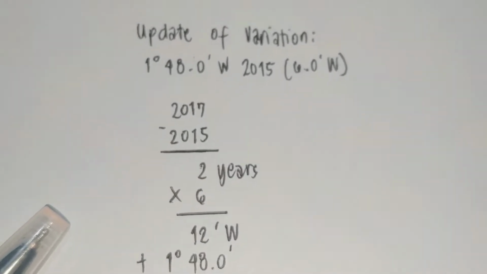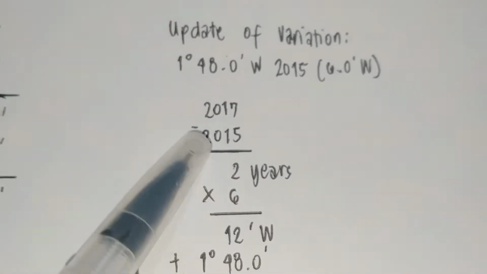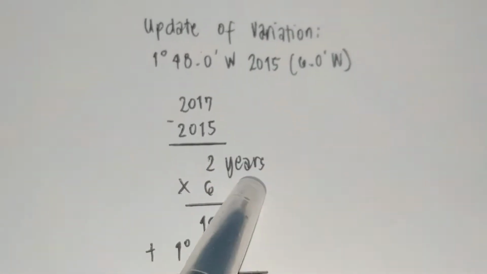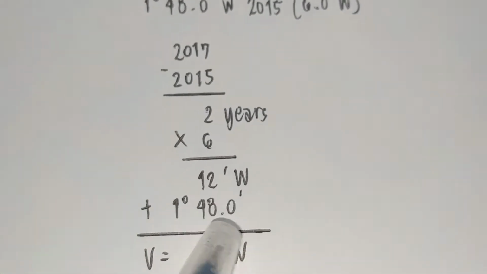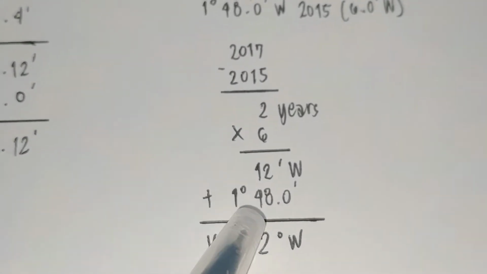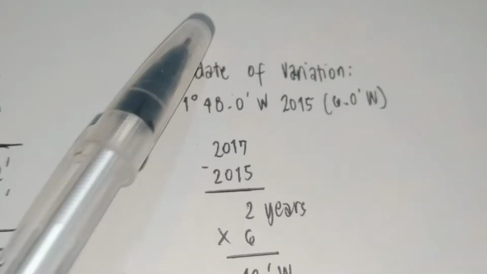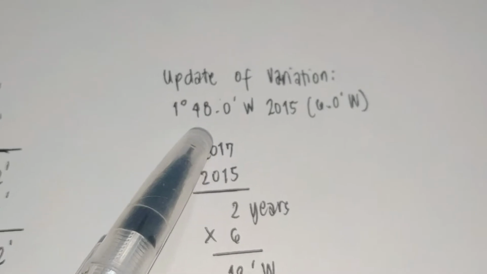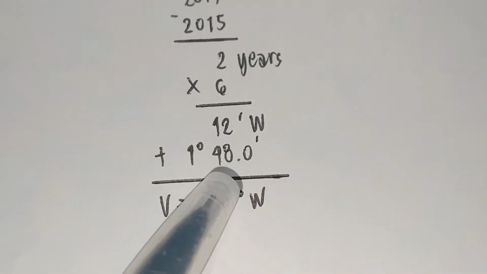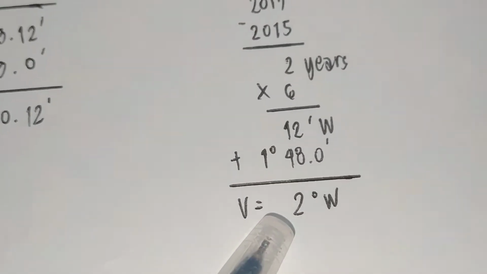Since it is increasing by 6 minutes, that would accumulate over 2 years, and we get 12 minutes west. And then we add it to the variation of 2015. So it's 1 degree and 48.0 minutes, and that one will get a variation of 2 degrees west.